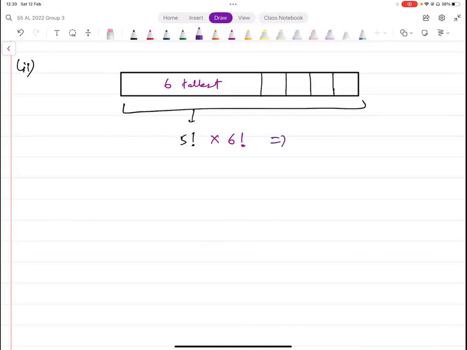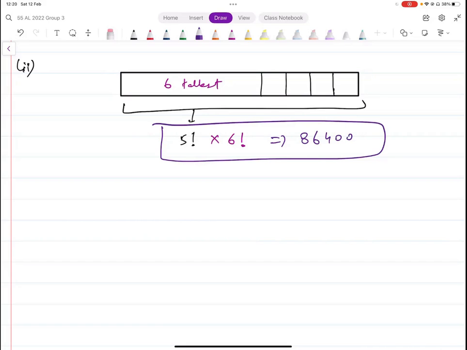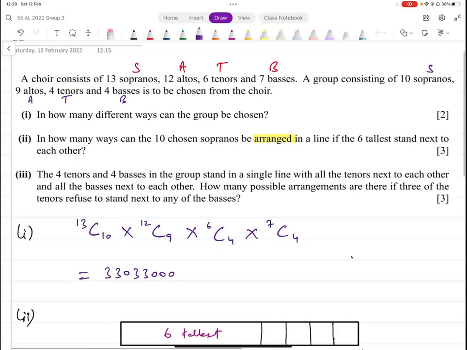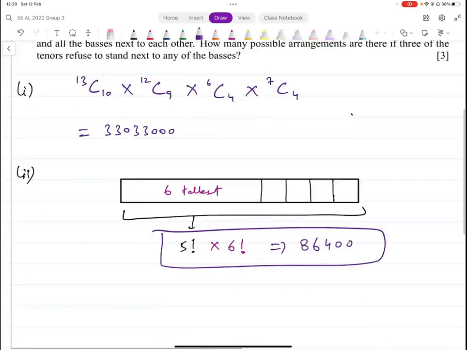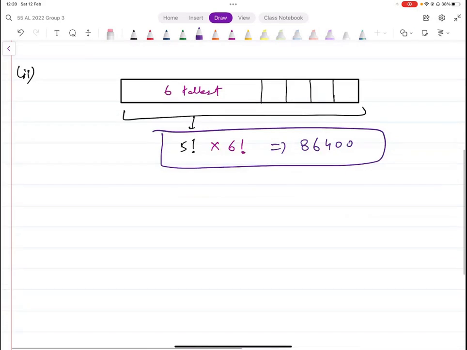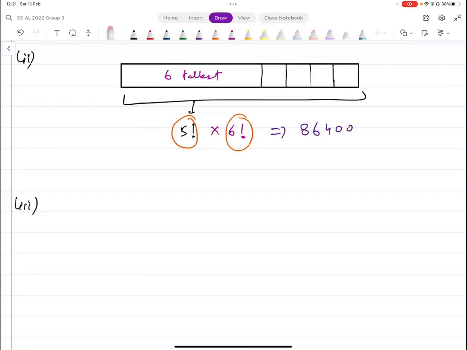What does this come to? 86400. Writing this thing 5 factorial into 6 factorial and then 86400 is 3 marks. Okay? Because it's the thinking behind that. Right?